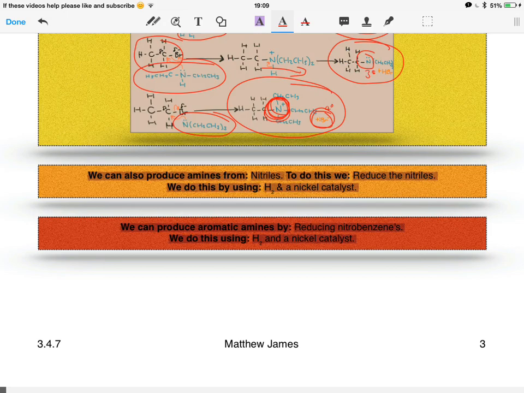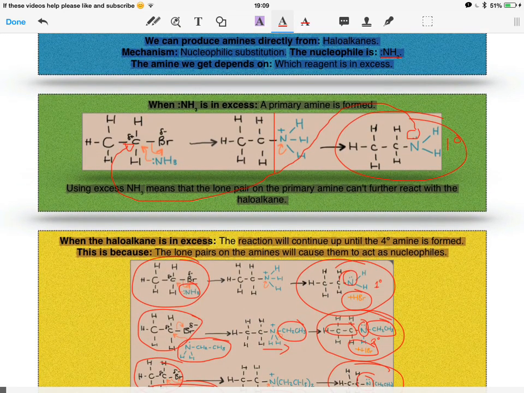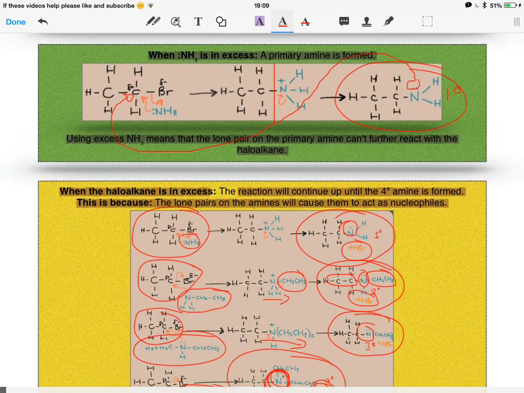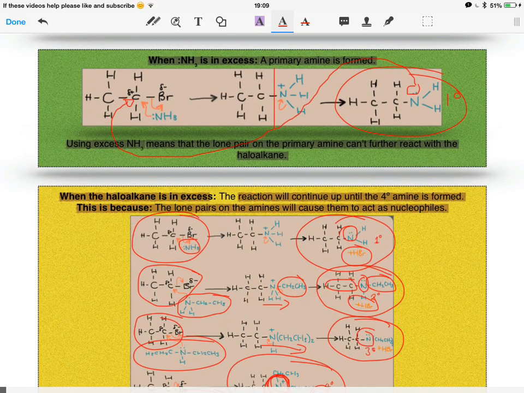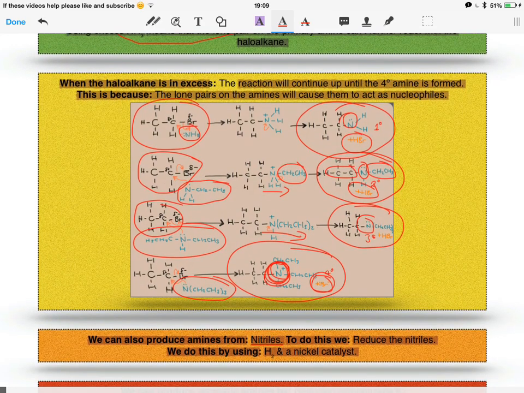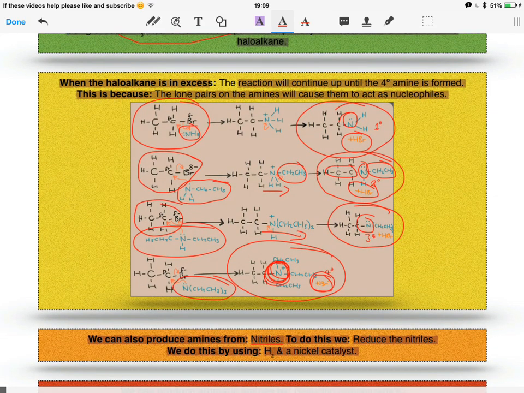The reaction where we reduce nitriles is often favoured opposed to the reaction above of using excess ammonia to form a primary amine, because this can't always be guaranteed to form only primary amines. It will also react to form, well, all of these.